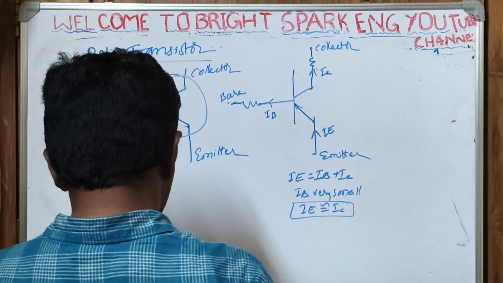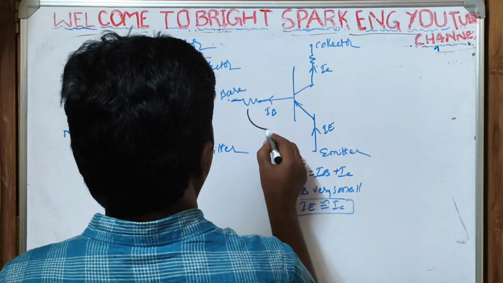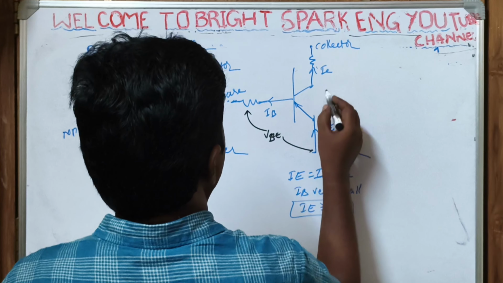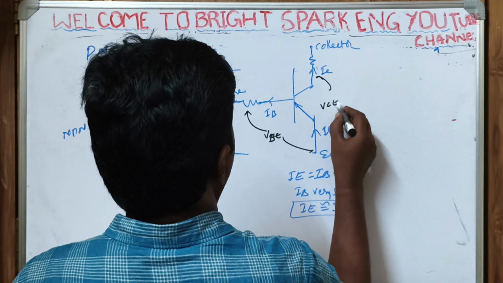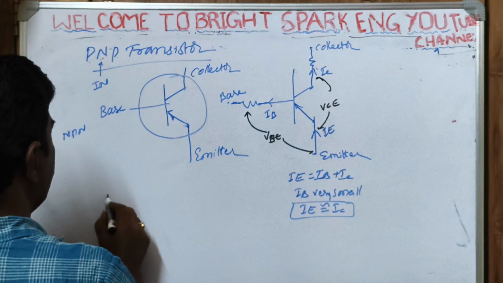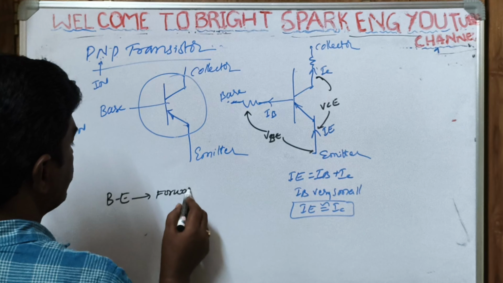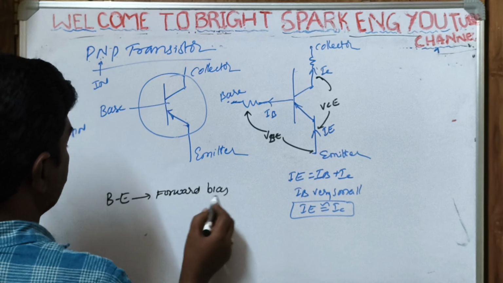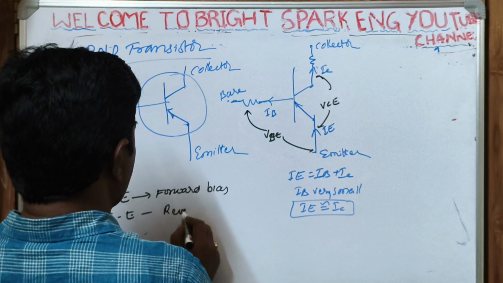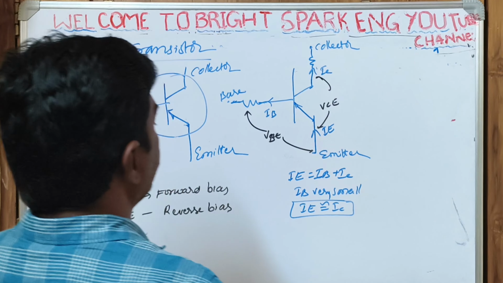Here forward bias is same like that. VCE, VBE. Here base and emitter is forward bias. Collector and emitter is reverse bias. Okay.